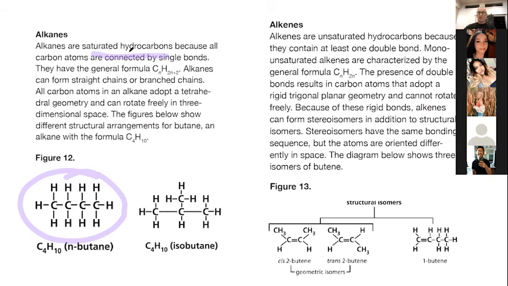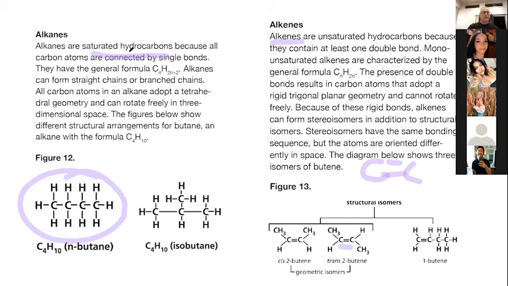Now, the alkenes, we could say they're unsaturated because they have at least 1 double bond. So alkenes have double bonds in them. And so an unsaturated fat has 1 carbon-carbon double bond, and a polyunsaturated fat has multiple carbon double bonds. And they have different shapes to them.